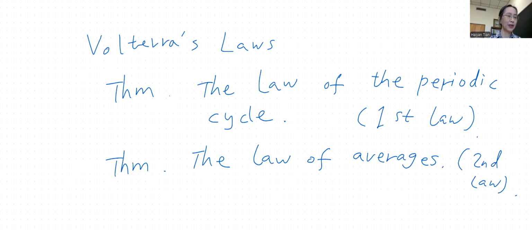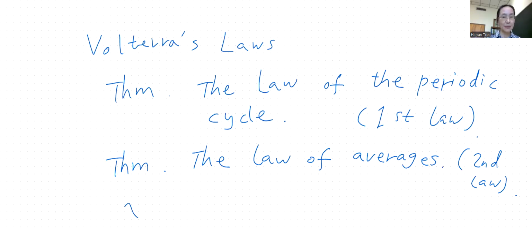So this law basically says if it's a periodic solution of the predator-prey system, the average predator population and average prey population will be this value.